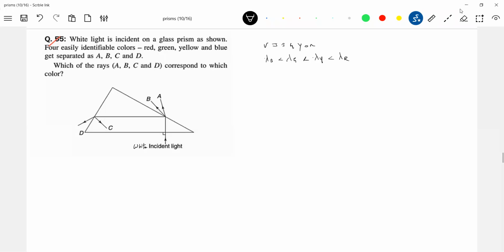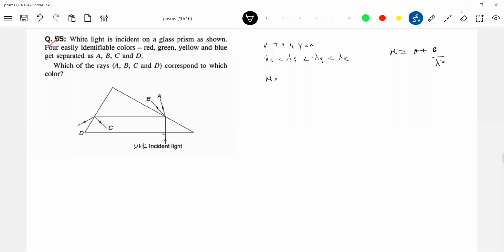What about the critical angles? The mu depends upon this, no? Mu equal to, I think, Cauchy's relationship: mu equal to A plus B by lambda square. So the one having the lower wavelength, the material will offer more refractiveness for that wavelength.